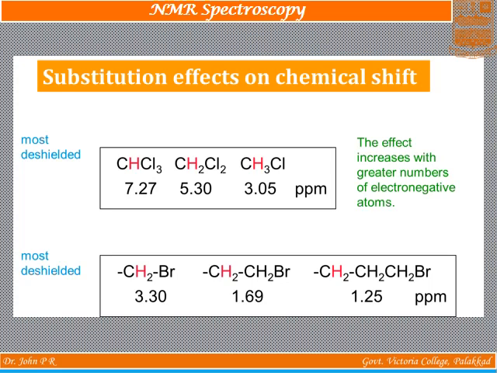They will withdraw the electron density from the CH bond. So the hydrogens are de-shielded. And the de-shielding results in higher resonance frequency at the given B0 value.